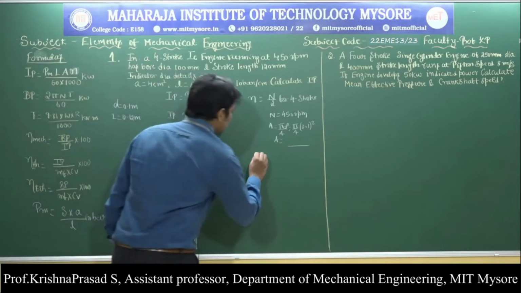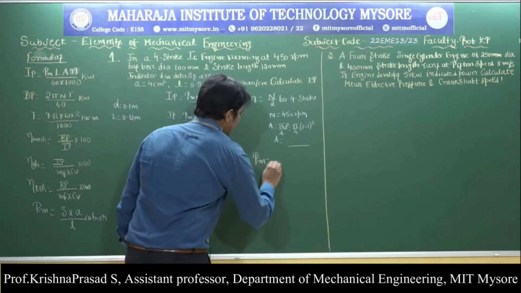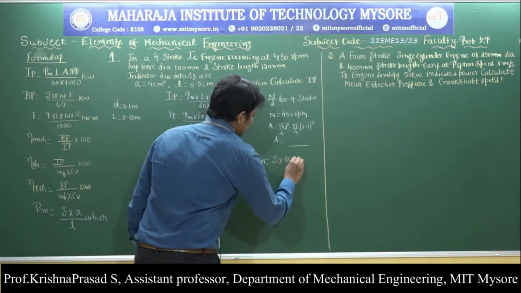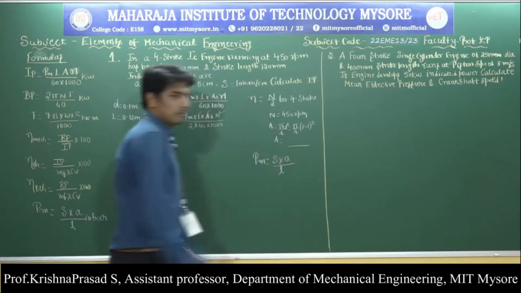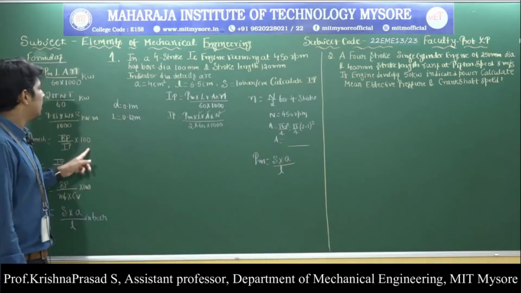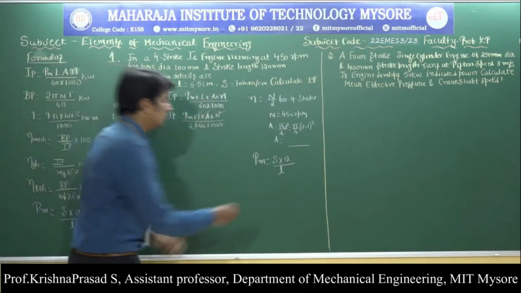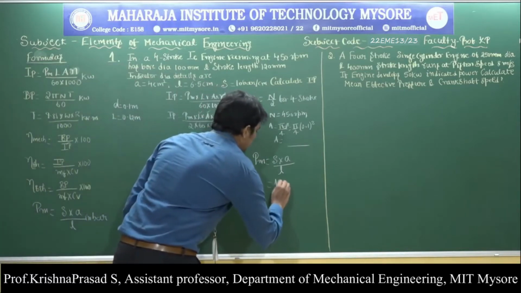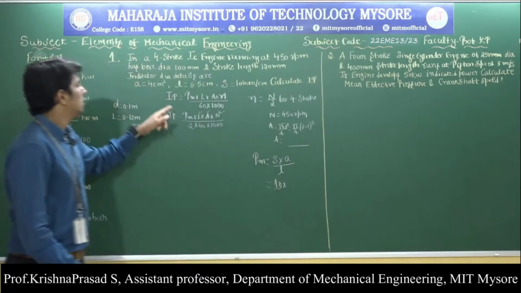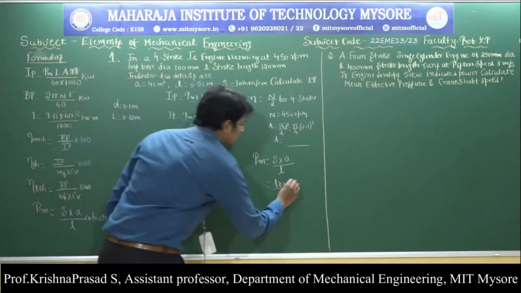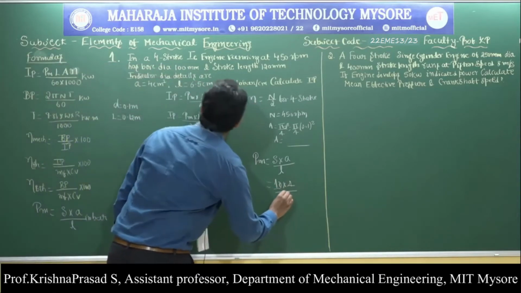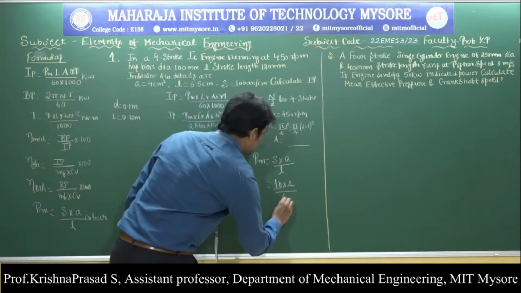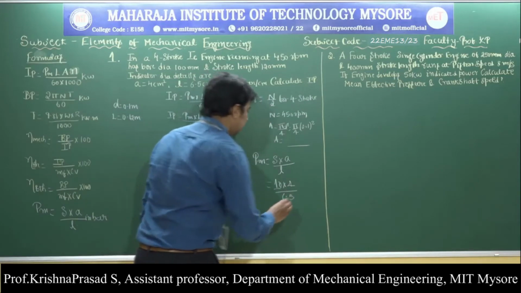So what is the formula for PM? We know that PM is equal to S into A by L. So what is the value of S? S is nothing but 10, area is nothing but 4, and L is 6.5. So consider the units also.